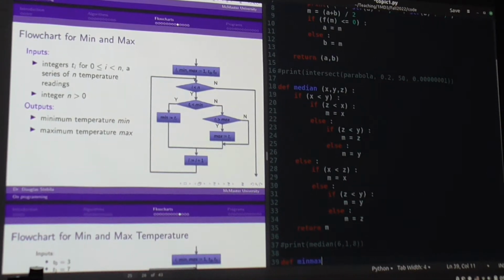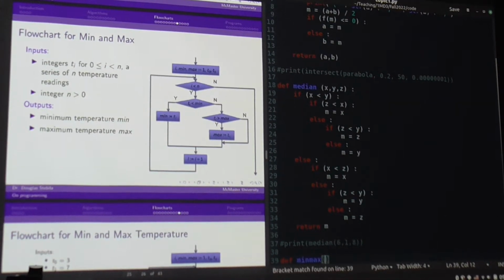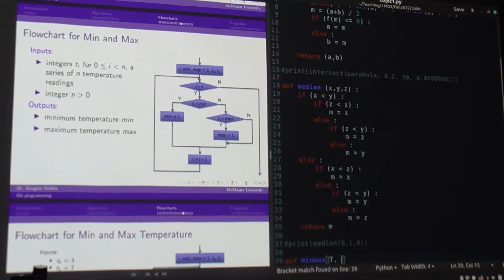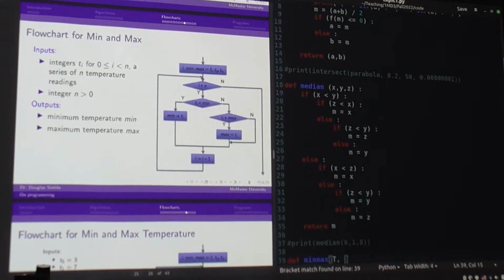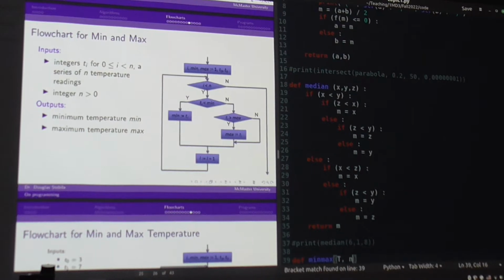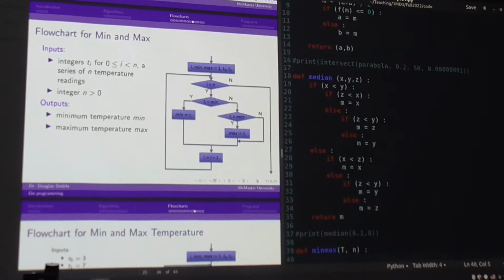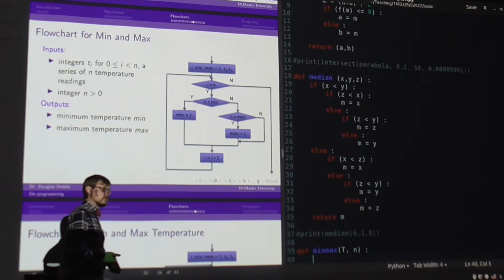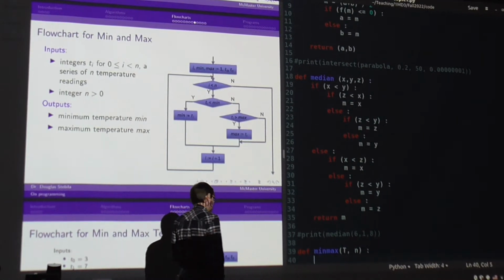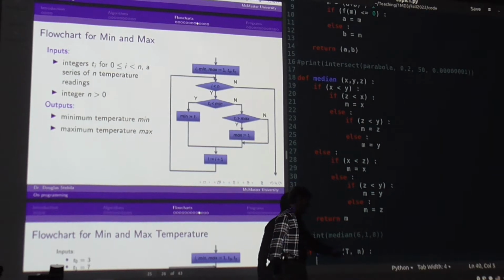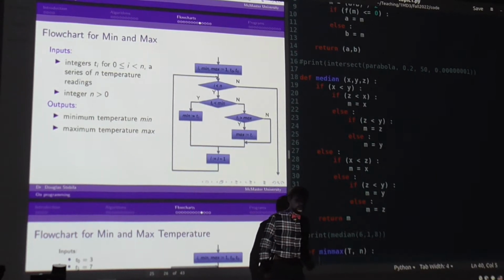def min_max takes a series of temperature readings. I'm going to call that capital T, and some integer n. Now, because this is a data structure in a very technical sense, we can actually derive the size of this just by calling a function on the data structure.